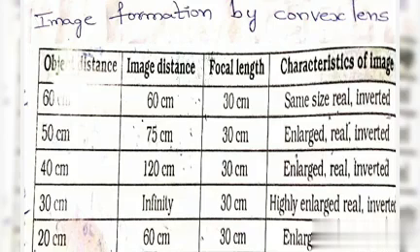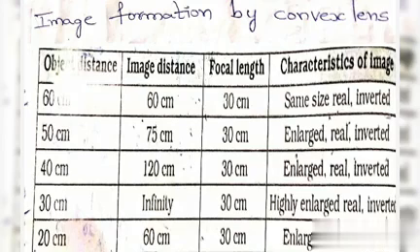If the object is placed between C and F, then the image will form beyond C. The image distance is 75 centimeters, which is more than 60. So that is an enlarged image, real image, inverted image, as you can compare with your ray diagrams.